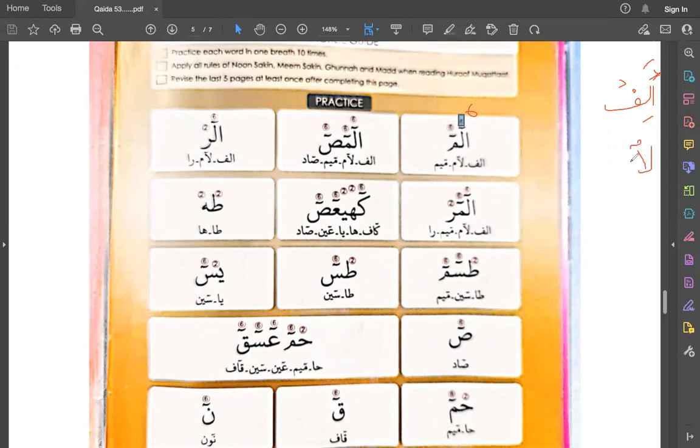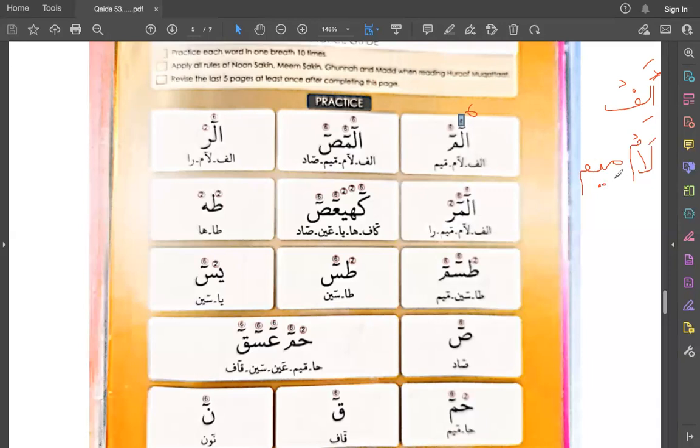We are saying this. So as we are saying this lam, the ending sound is mim with sukun. And the next letter is mim. These are the letters we are saying like this. These are the names of the letters.